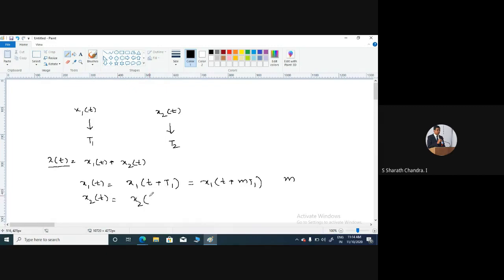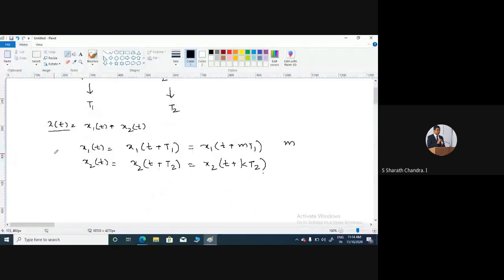This is also true in the case of x2 of t, where I can write x2 of t is equal to x2 of t plus T2. This can be extended further and written as x2 of t plus k T2, where k is a positive integer. Now, since we intend to prove that x of t equal to x1 of t plus x2 of t is a periodic signal, I consider x of t is equal to x1 of t plus x2 of t.